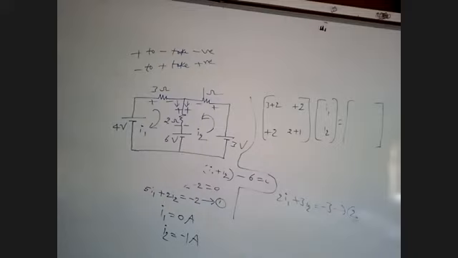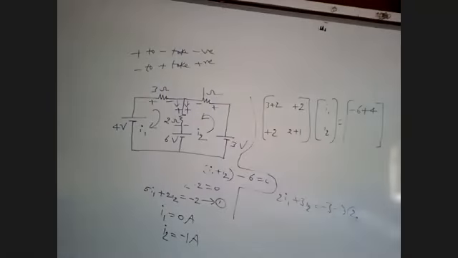Now come to the first loop voltages. In the first loop, see I1 is flowing through the 6 volts from positive to negative, minus. In the first loop, we are having 2 voltage sources, -6 and 4.